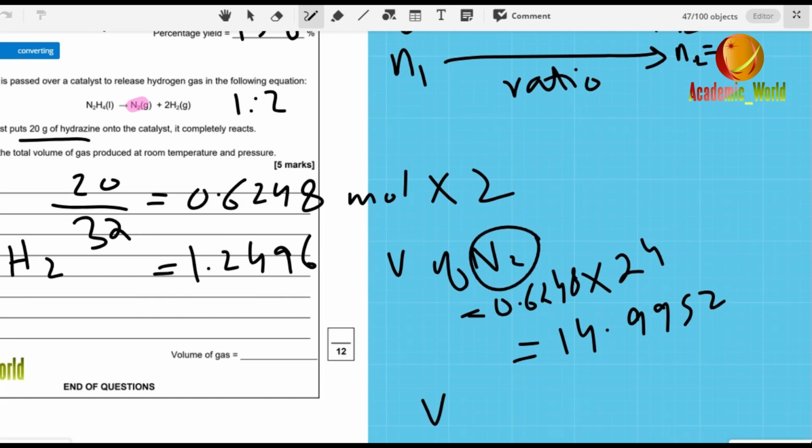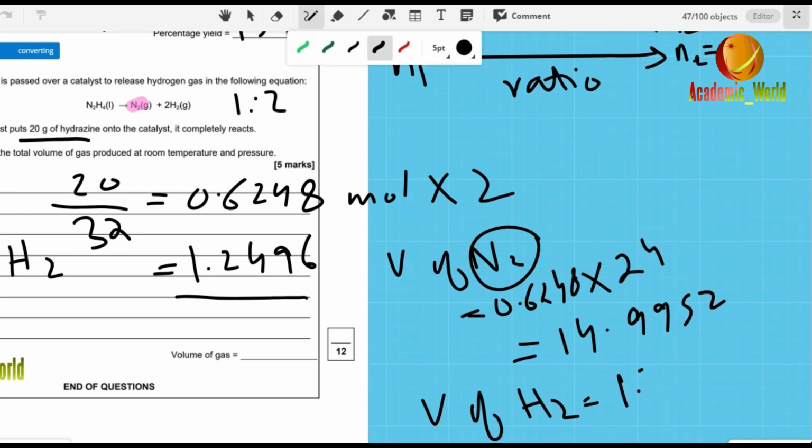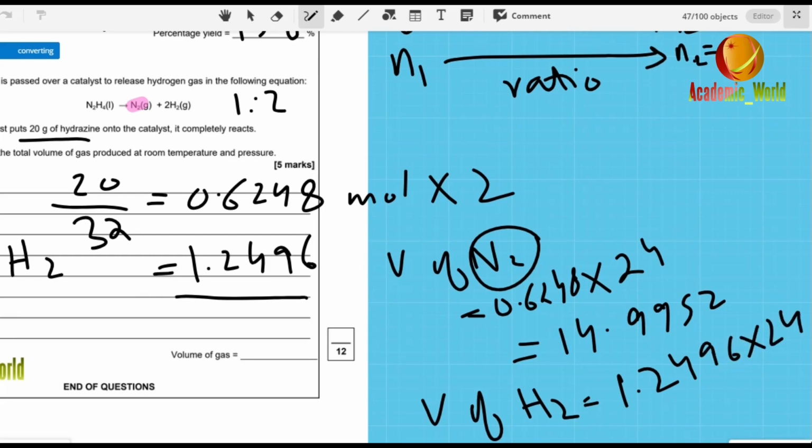Now the volume of H2 is equal to, you have to use these moles, 1.2496, and then times 24. Why do we need to find the volume of N2?